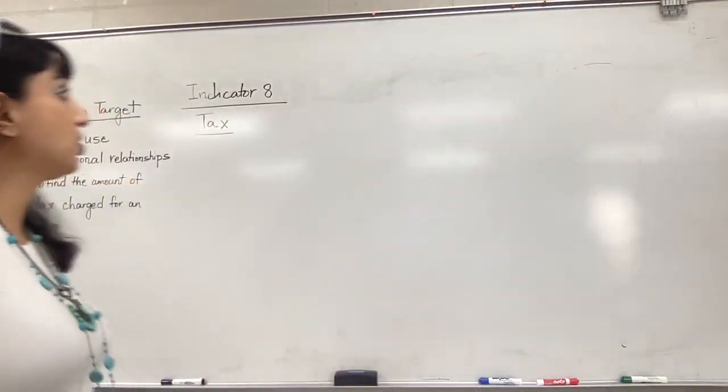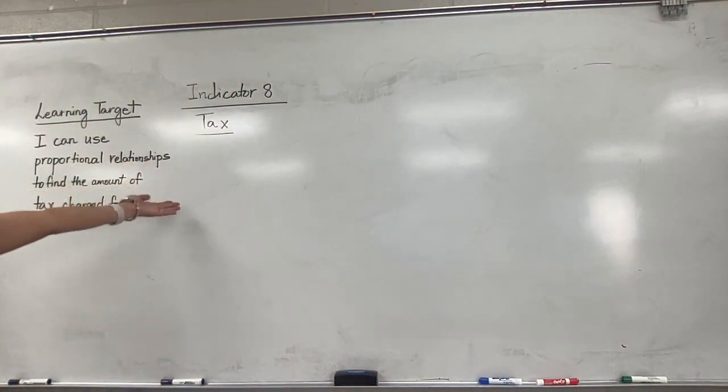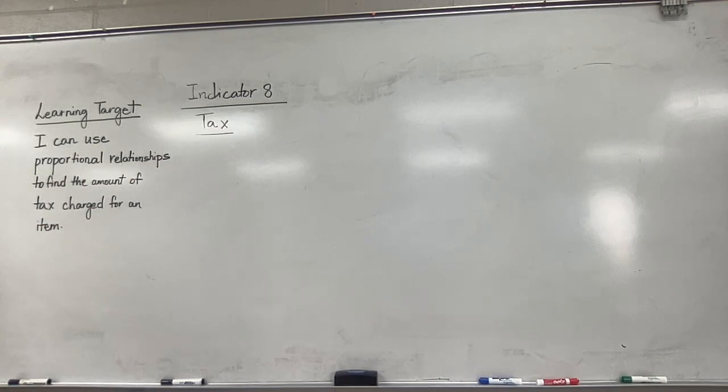Okay, so what is a tax? As you can see, tax is basically an amount of money which is added to the price of certain goods and services. A tax is usually calculated as a percentage of the cost of the item. Some common forms of tax are sales tax, income tax, property tax, hotel tax, and tax revenue is used to pay for government provided services.